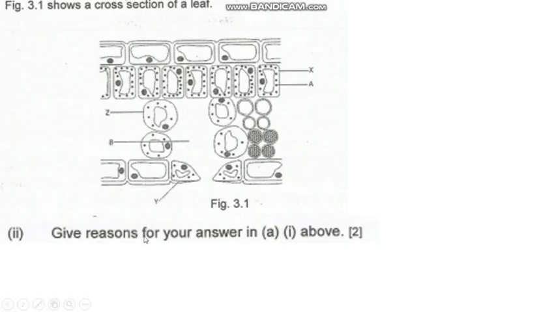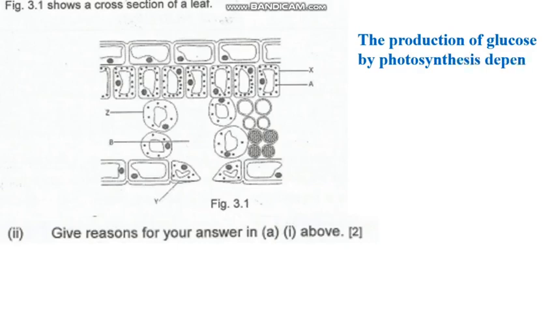So when you remember this cell Y, which is the guard cell, it contains the least amount of chloroplast, while the palisade cell, which is cell X, this one has the highest amount of what? Chloroplast. So that is the reason. So here we have said that the production of glucose by photosynthesis depends on the amount of chloroplast contained by the cell.